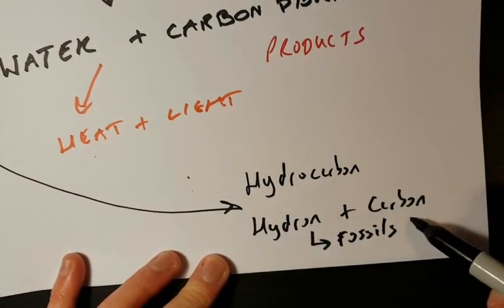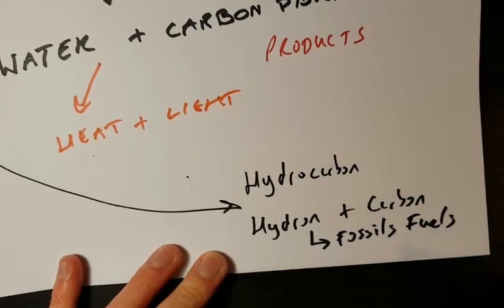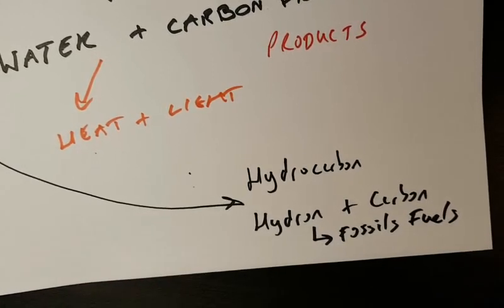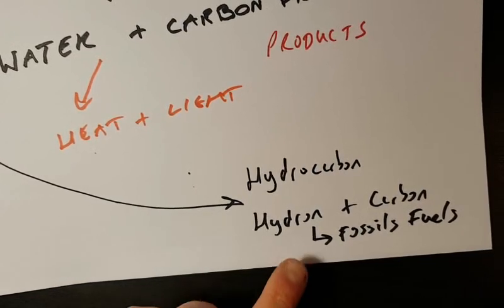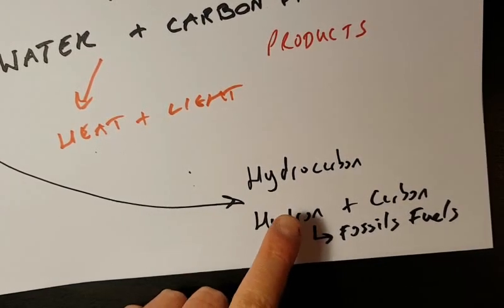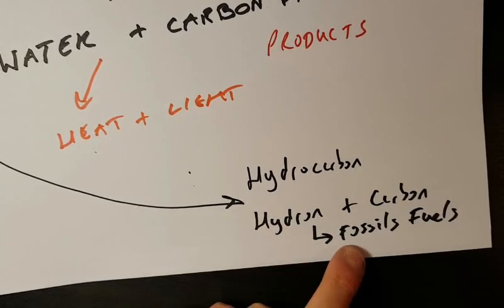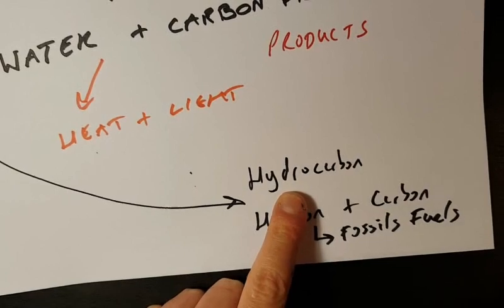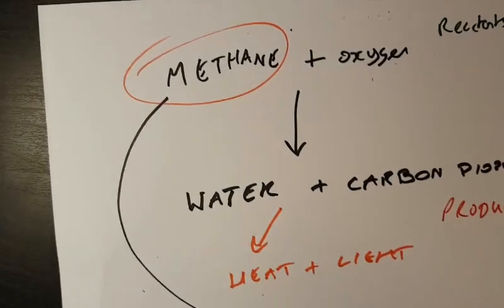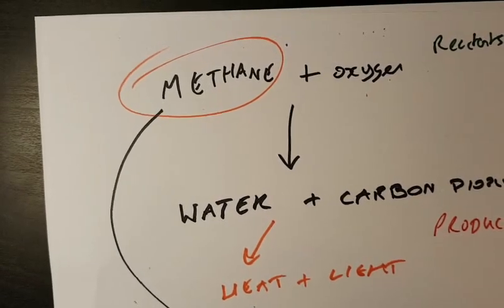Fossil fuels like coal, oil and gas, which I'm not going to go into how they're all produced, but fossil fuels are all from dead sea creatures, dead organisms, dead plants from millions of years ago, which develop into fossil fuels. So coal, oil and gas are another example of hydrocarbons. There are lots of other hydrocarbons as well, methane being one of them. And that is combustion and how it releases energy.